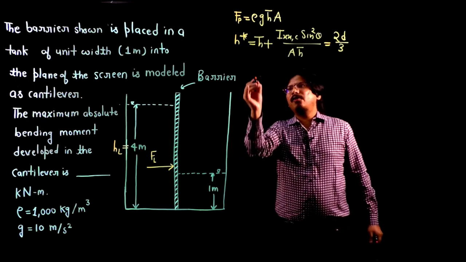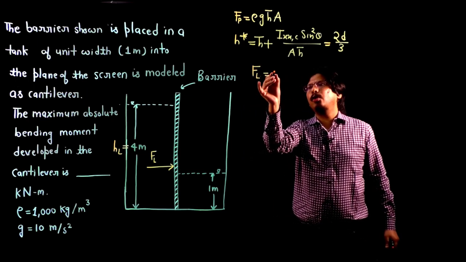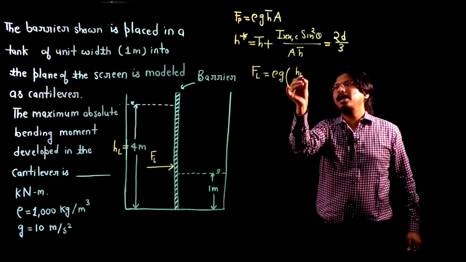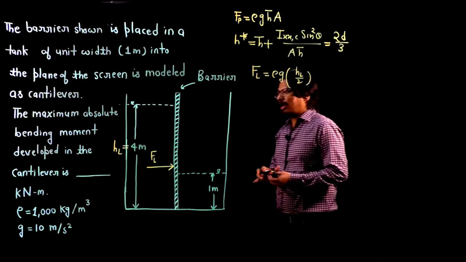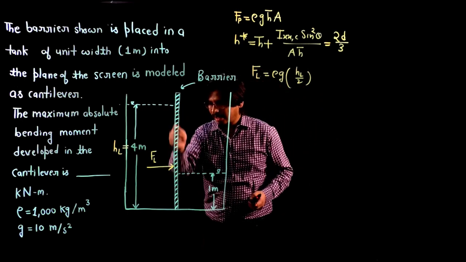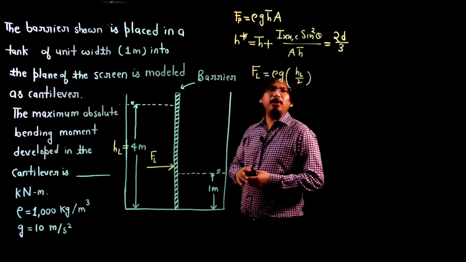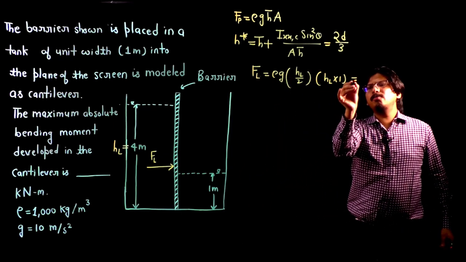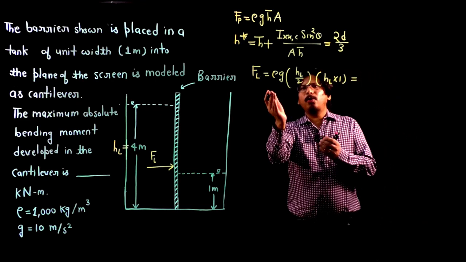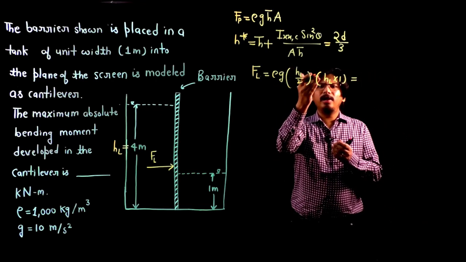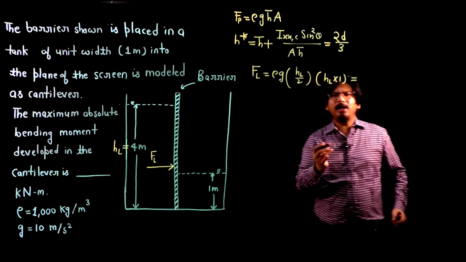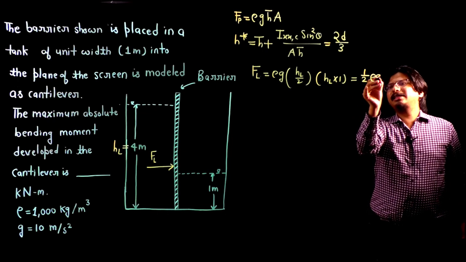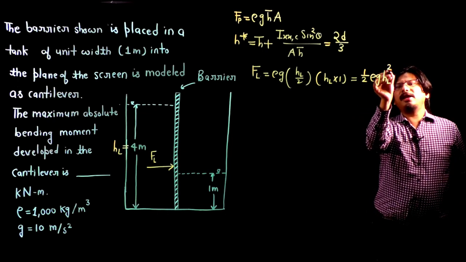So what will be the value of FL? Rho g h bar. What is h bar? HL by 2. What will be the area? Area will be HL into 1 meter. So if I simplify, rho g HL by 2 into HL into 1 gives me half rho g HL square.